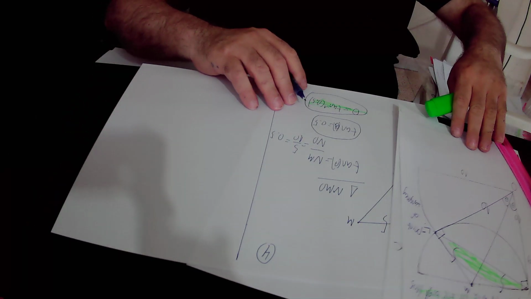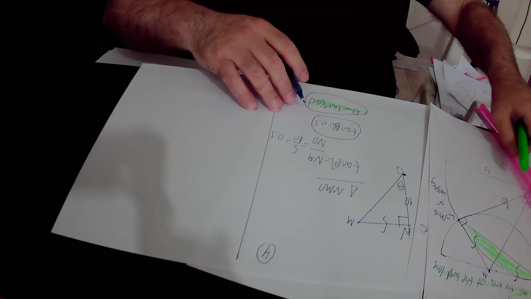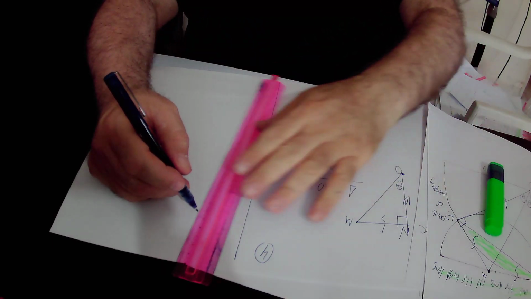So I'll copy again the right triangle NOM here.